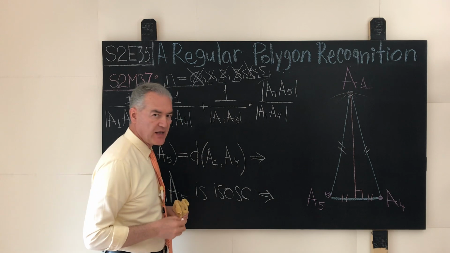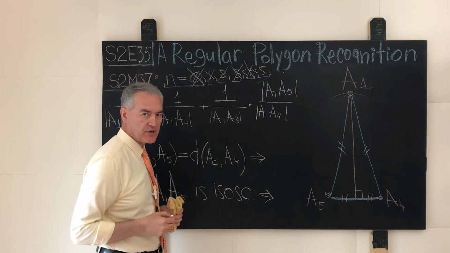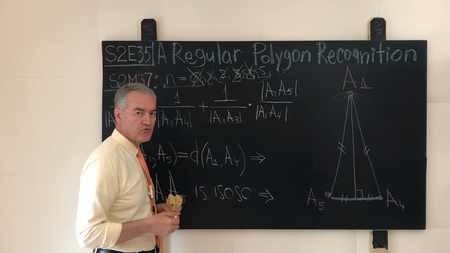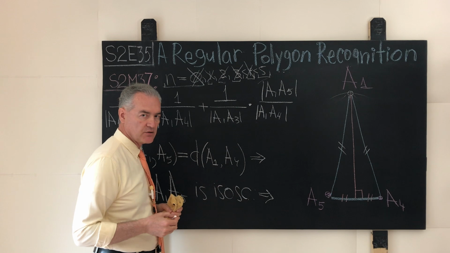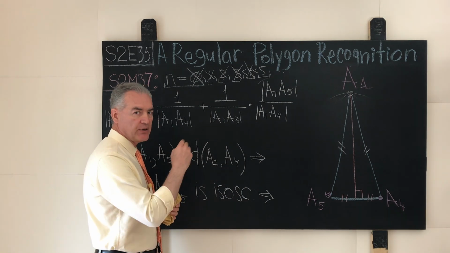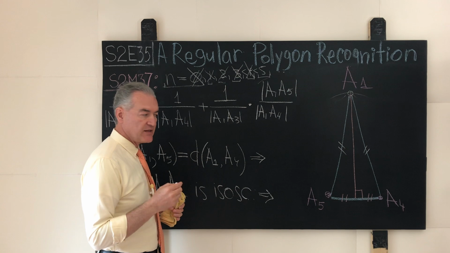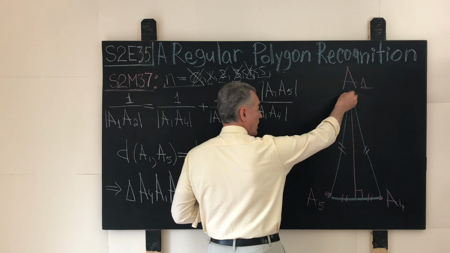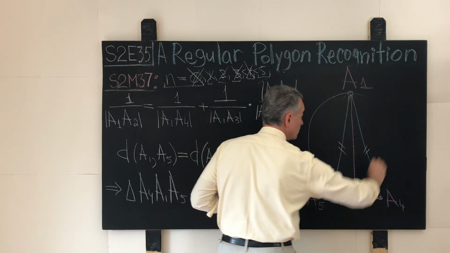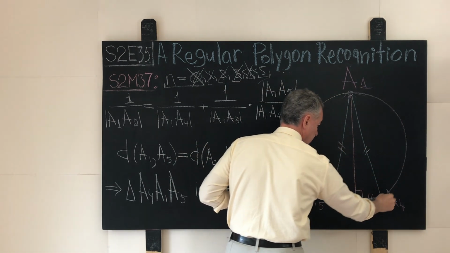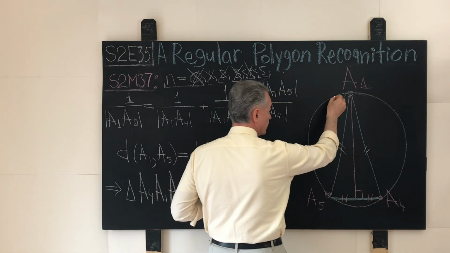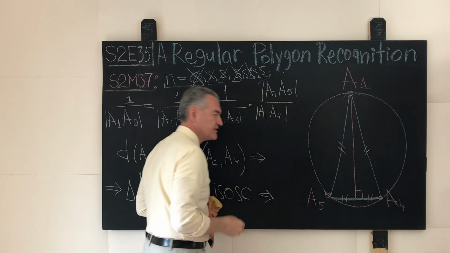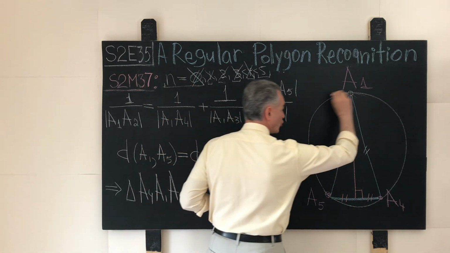It is also a side of a mystery regular polygon on n vertices, but we know that each and every vertex of a non-degenerate regular polygon sits on the parent circumcircle. That means that the line segment A4, A5 is also a chord of the parent circumcircle.